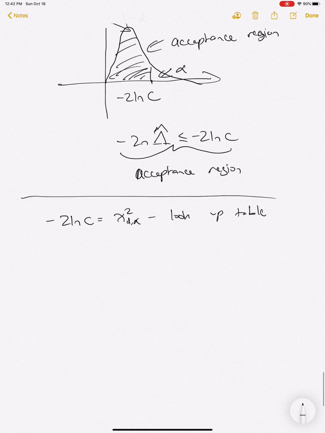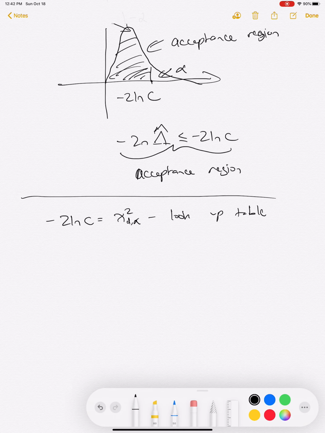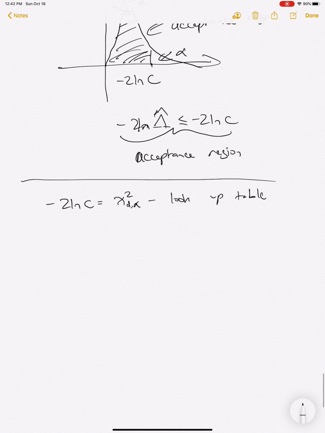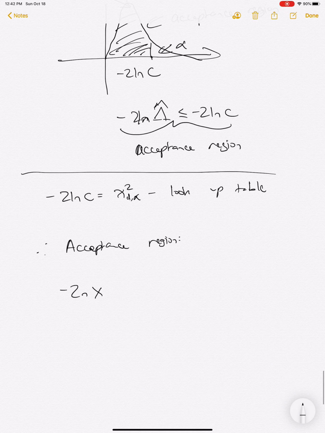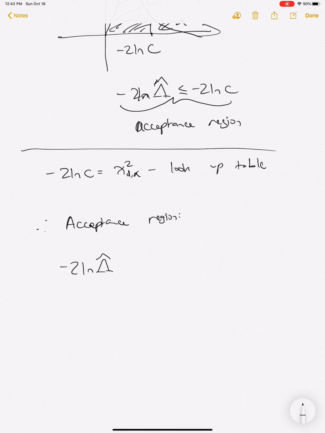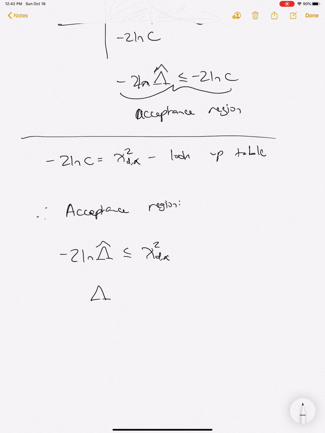And so negative 2 ln gamma hat has to be less than or equal to chi-squared d alpha for that critical threshold, which is the same as saying that gamma hat should be bigger than or equal to e to the negative chi-squared d alpha over 2.